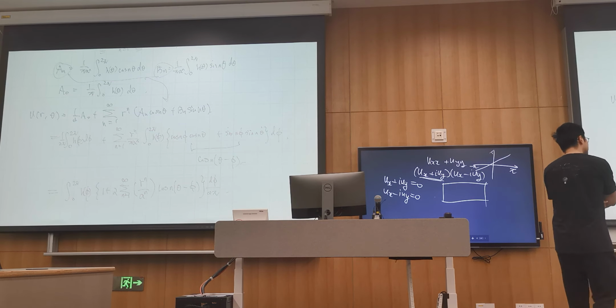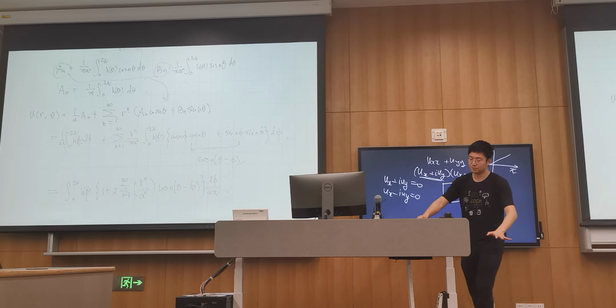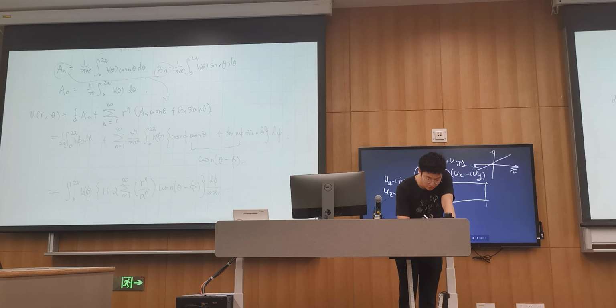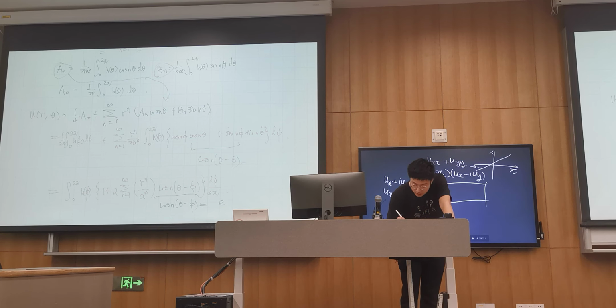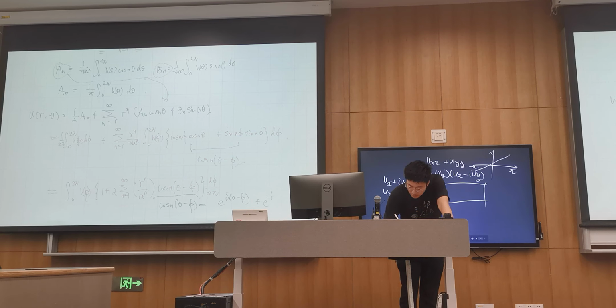What is that? We just needed to write cosine n(theta minus phi) as e to the i n(theta minus phi) plus e to the negative i n(theta minus phi), over 2.